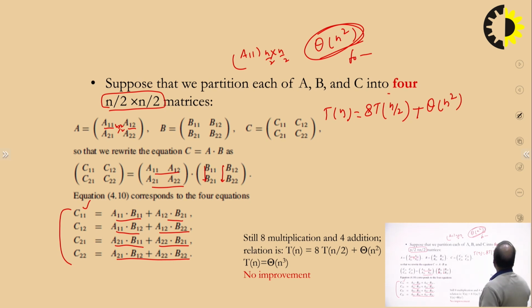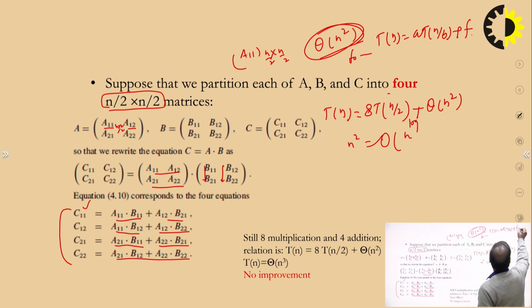So by the master method, n square is big O of n to the power log a base b. Just compare with the master method, T(n) equals a T(n/b) plus f(n), okay.